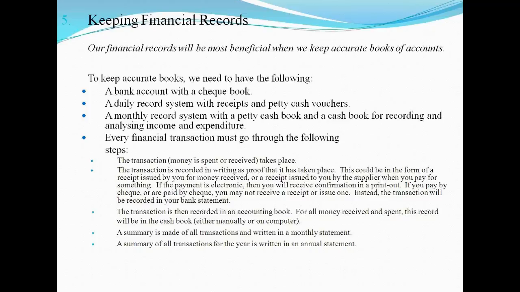And we need to make sure that all financial transactions go through those 5 steps. The transaction takes place. The transaction is recorded in writing. The transaction is then recorded in an accounting book. Then we make a monthly summary. Then we make an annual summary.